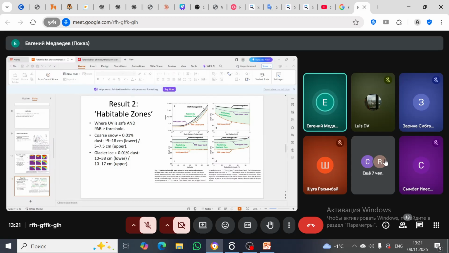So they used values of 20 micromole photons per meter squared per second and 10 nanomole photons per meter squared per second as the upper and lower limits for PAR. And this was based on observation and theory on Earth.